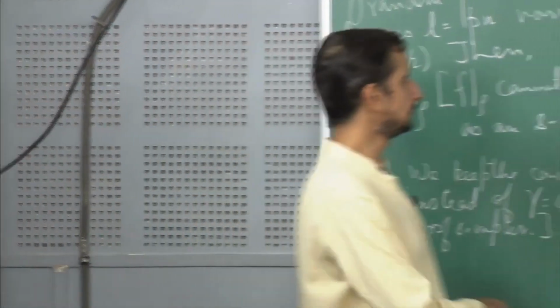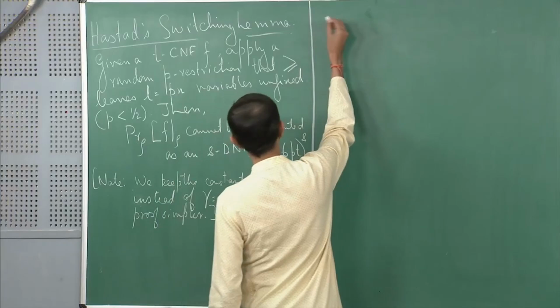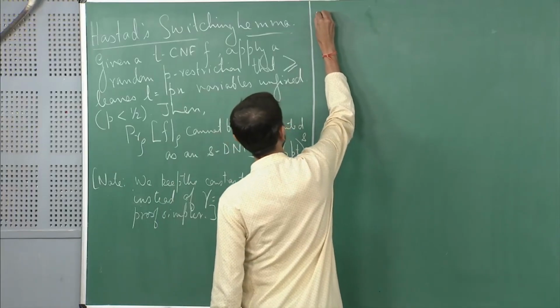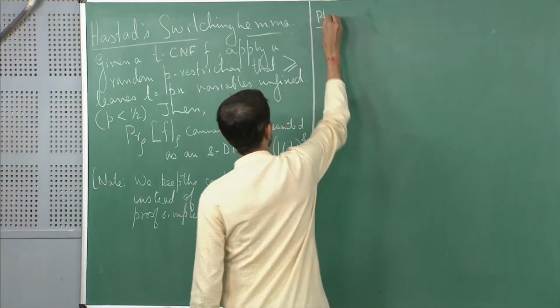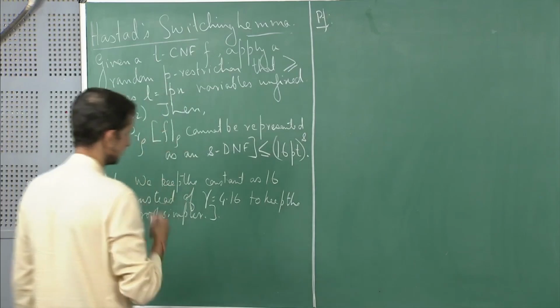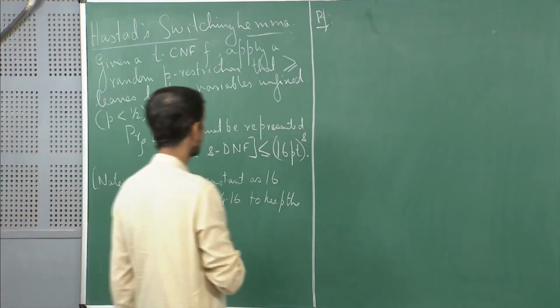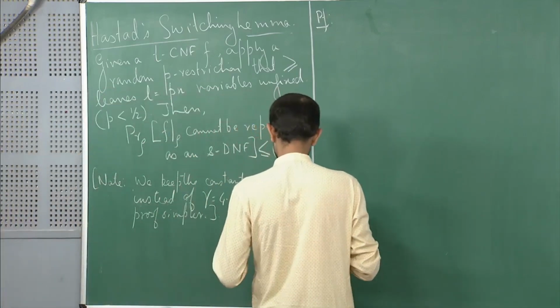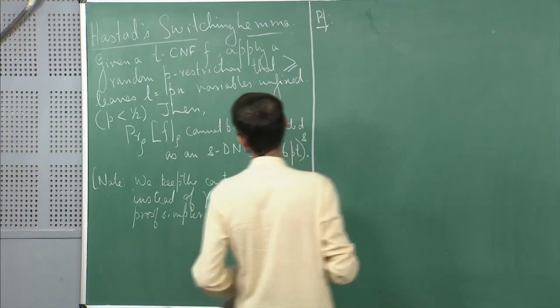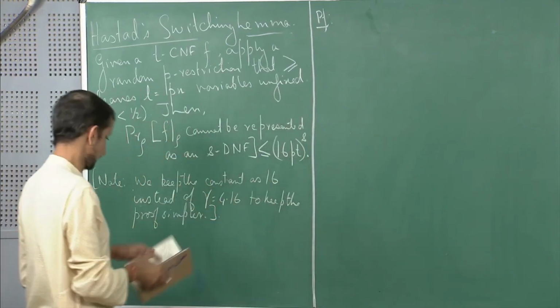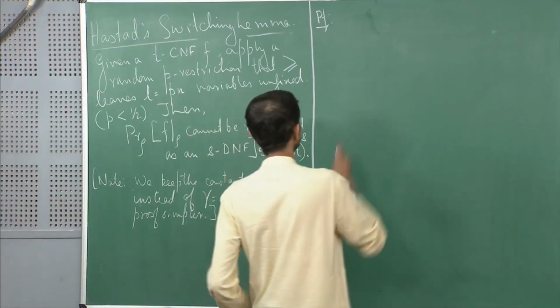Okay, so let me establish the notations and the framework of the proof. We have l equal to p of n over here already.